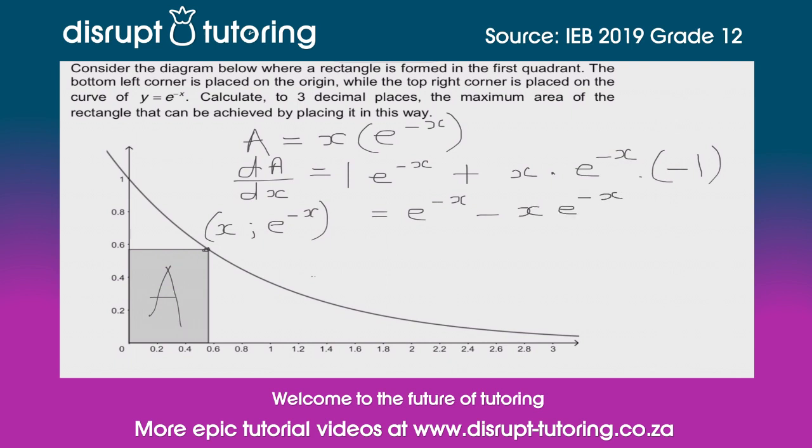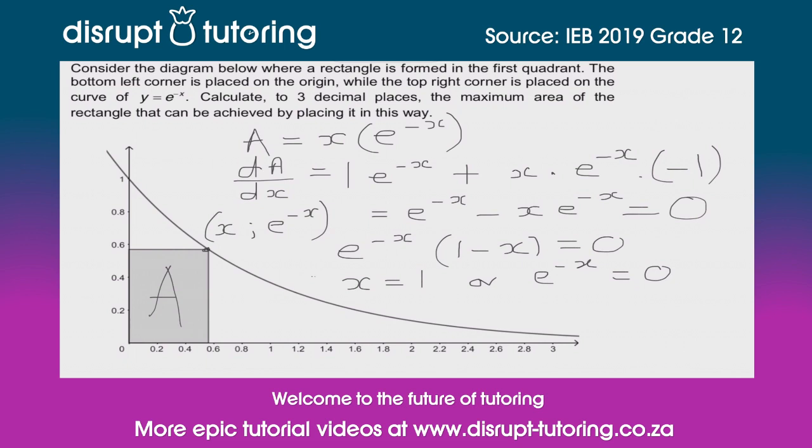And when we're working out a maximum or a minimum, we make our derivative equal to 0, and we're going to solve for x. So we can factorize e to the minus x, leaving us with 1 minus x equal to 0, which means that x is equal to 1, or e to the minus x is equal to 0.